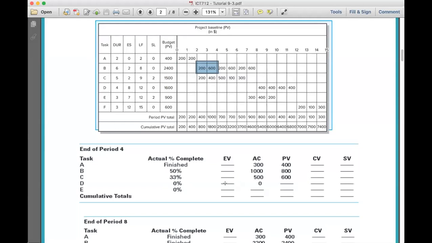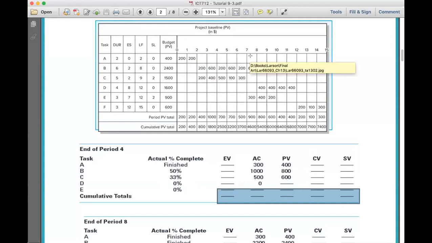Okay, guys, now that I told you the difference, could you please tell me what the totals are going to be here? So what are we going to have for earned value?